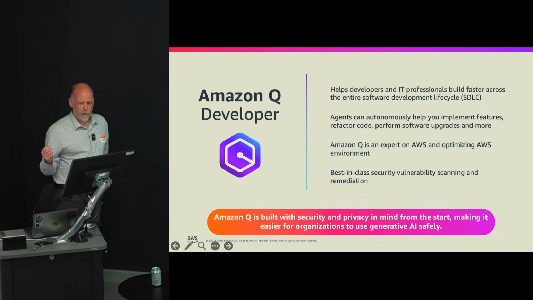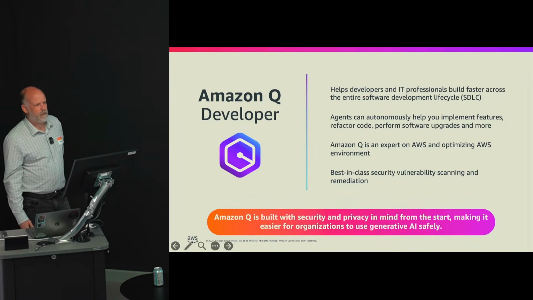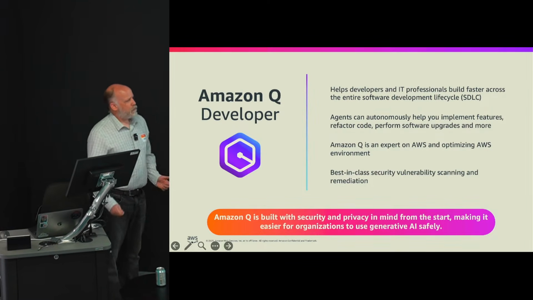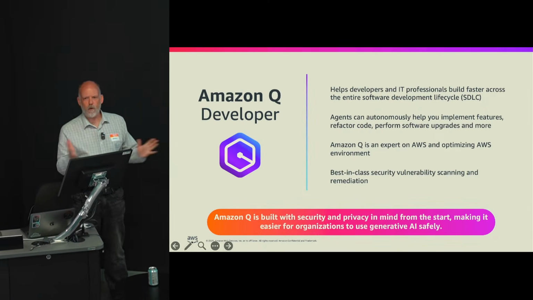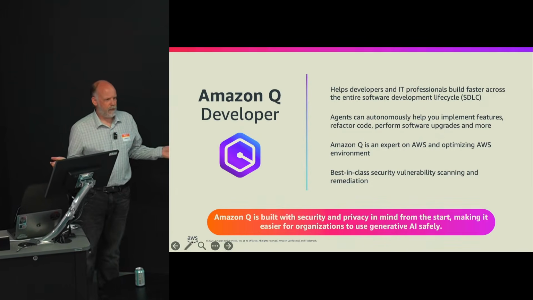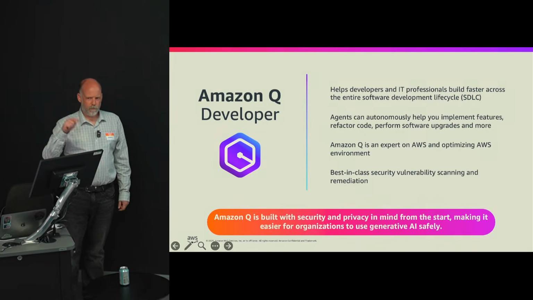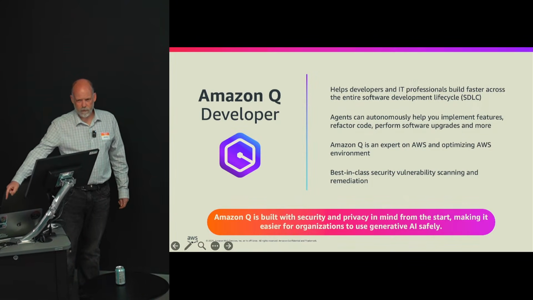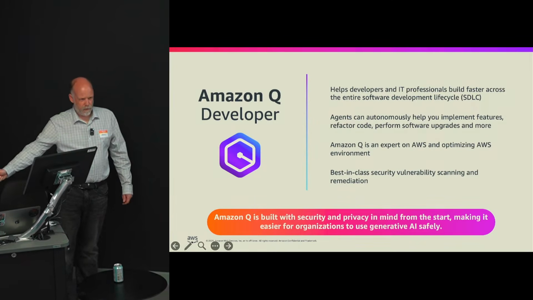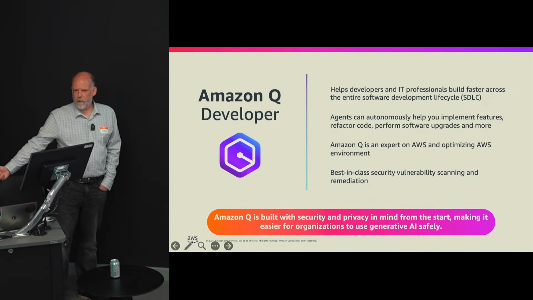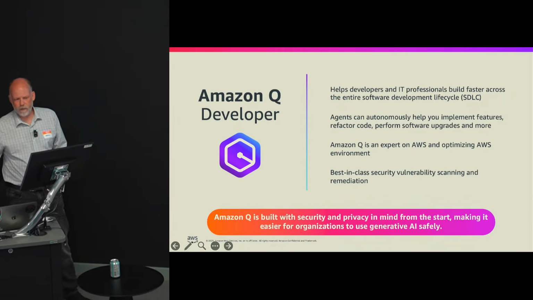And this then comes on to some of the bigger features of Q Developer that we'll touch on. For example, you have a big code base of Java 8. Oh, Java 8's gone out of support. I've now got to convert all of that to a modern Java, look at what's deprecated, update all the bits of code that don't work anymore, and that's going to take a long time.